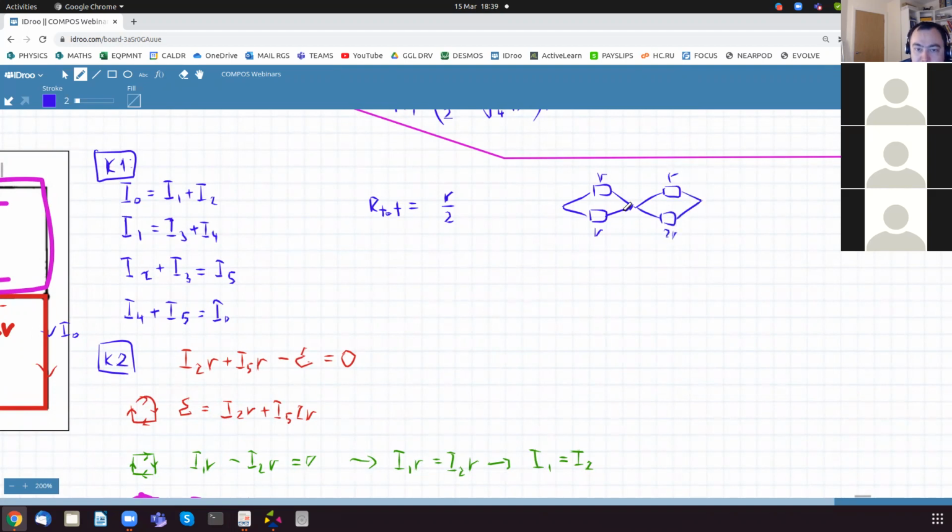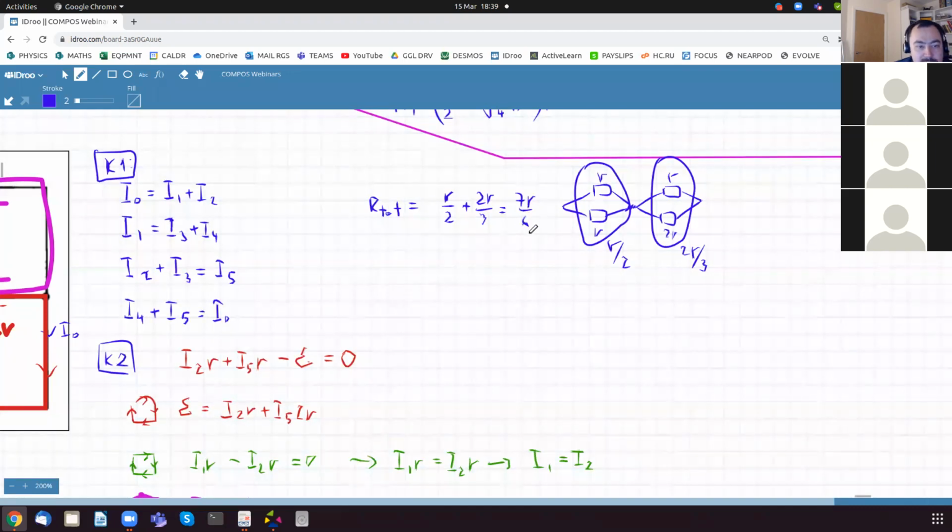The resistance of this is R over 2. And the resistance of this, using the same formula, 2R times R over 3R, is 2R over 3. So R over 2 plus 2R over 3, which is (3R plus 4R) over 6, which is 7R over 6.